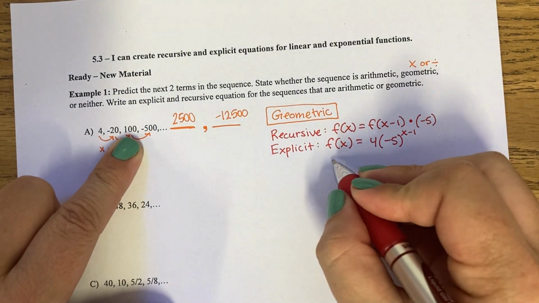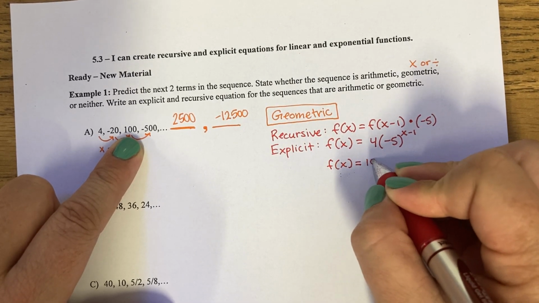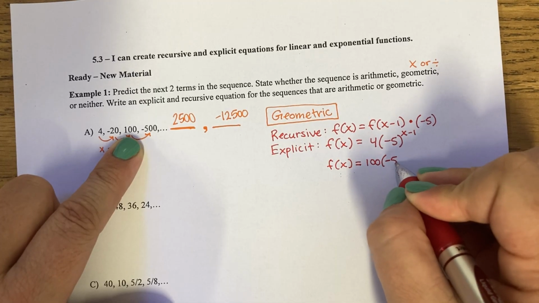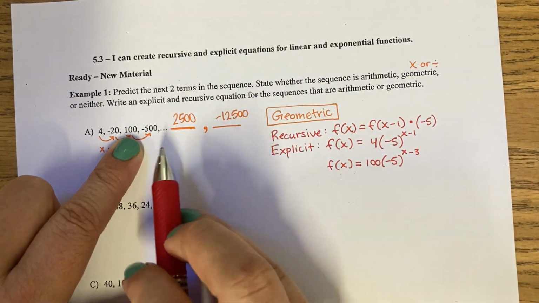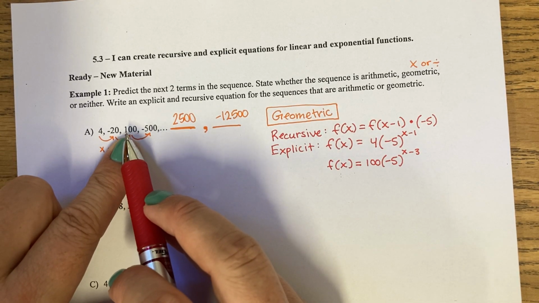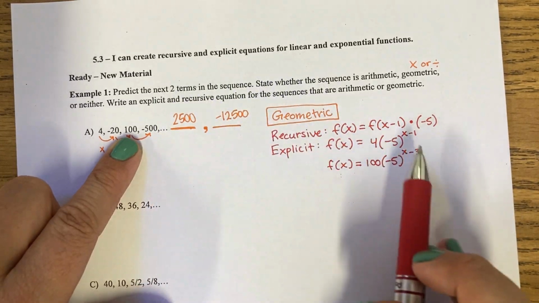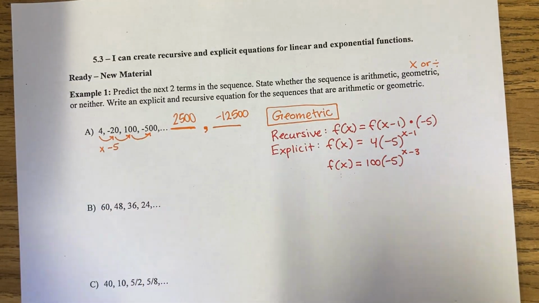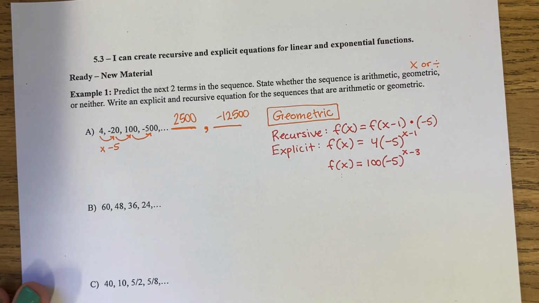You would write f of x equals 100, then your pattern, power of x minus 3, because you used the third term. So you can pick any number in your list, you just have to adjust your power based off the number you pick, okay?